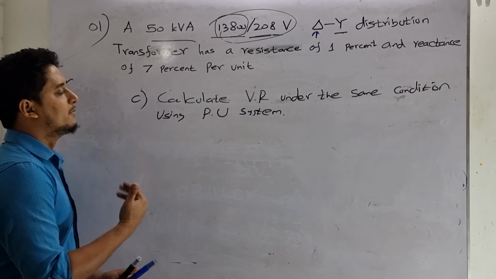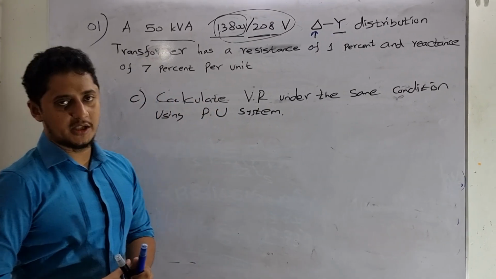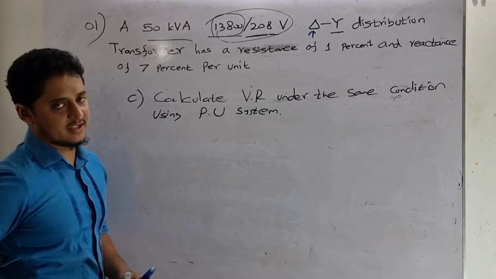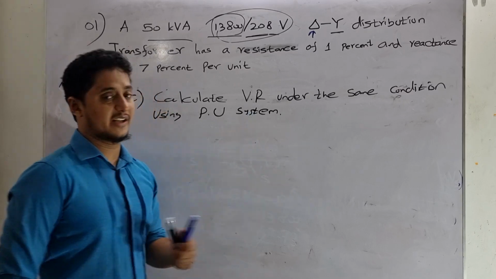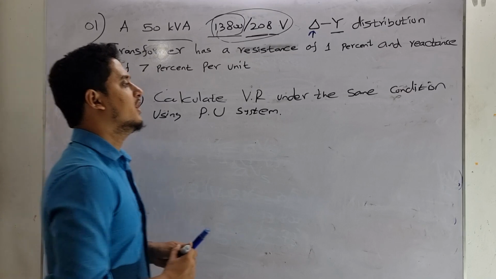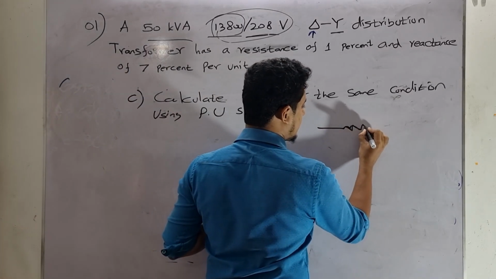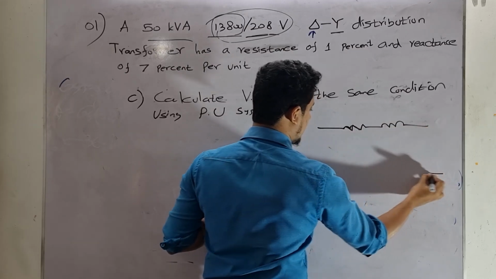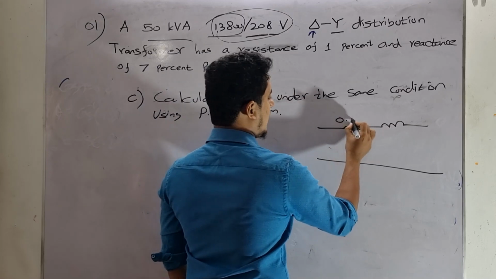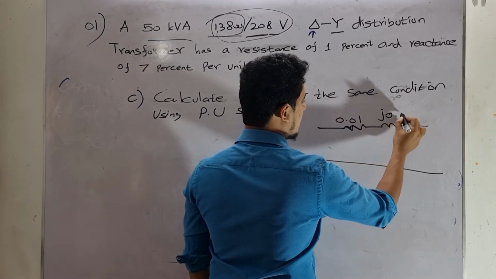Third part. We are going to calculate the voltage regulation under the same condition using the per unit system. So we know when we consider the per unit system of this transformer, the resistance is 0.01 and the reactance is 0.07.